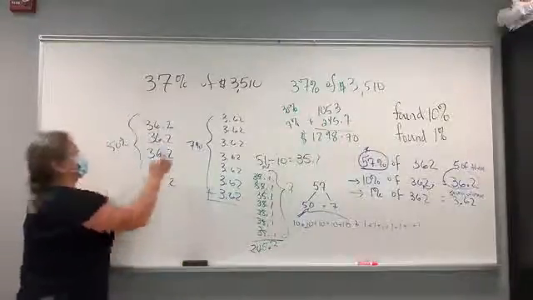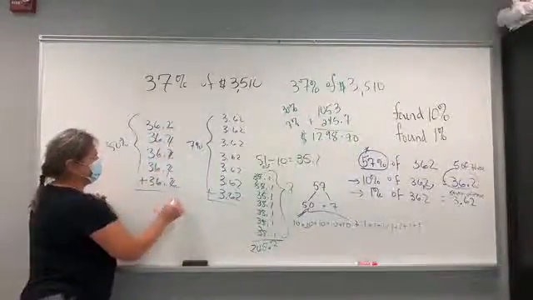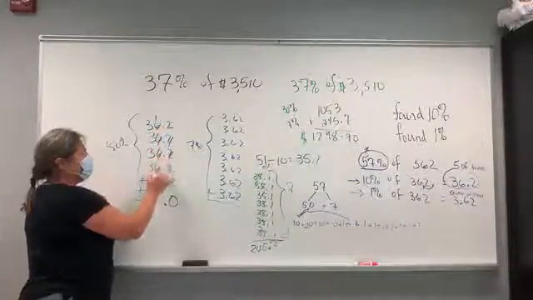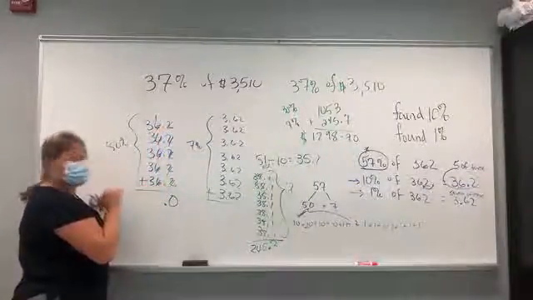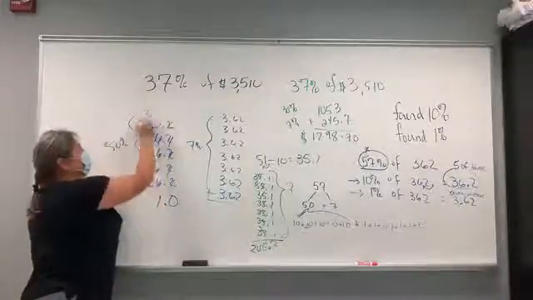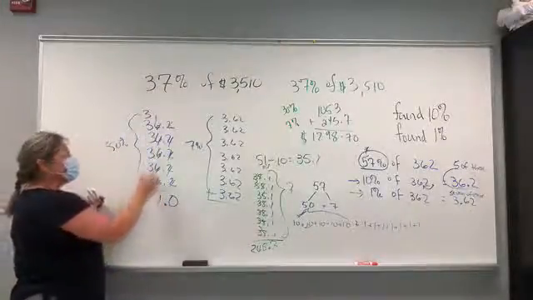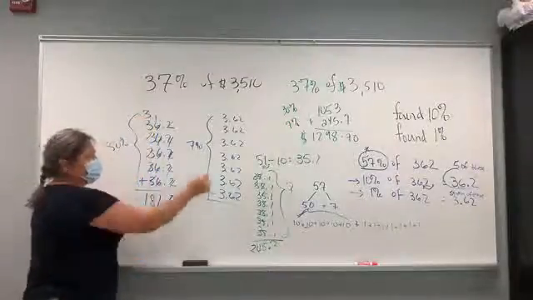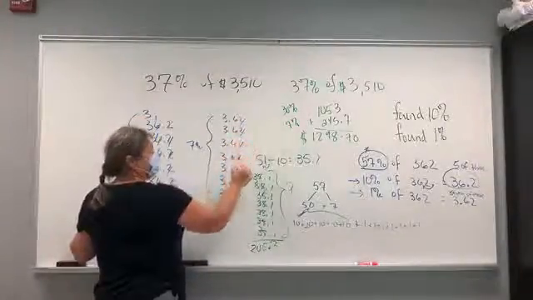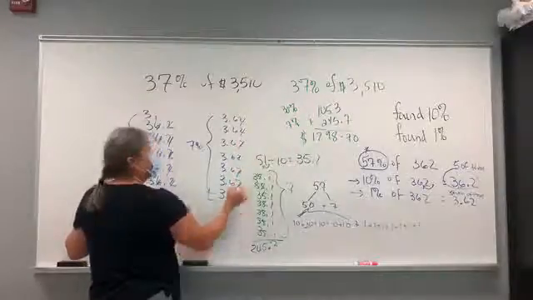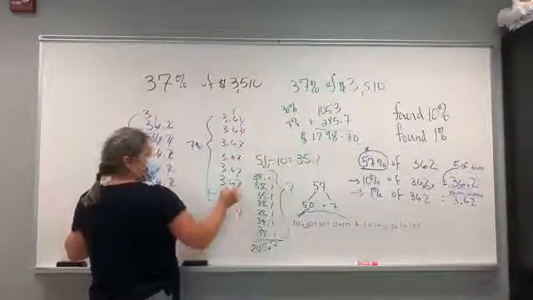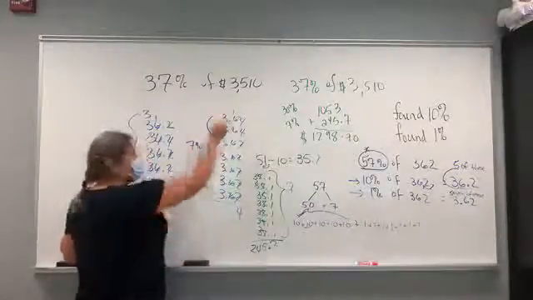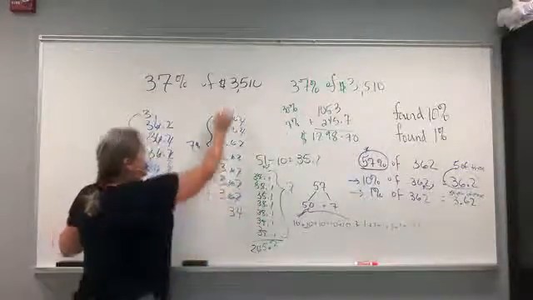So I'm just going to add all these things up. 2, 4, 6, 8, 10. 6 times 5 is 30 plus another 1. And 3 times 6 is 18, so we have 181. Now let's do this one. 2, 4, 6, 8, 10, 12, 14. And then 6 times 7 is 42 plus another one, 43.